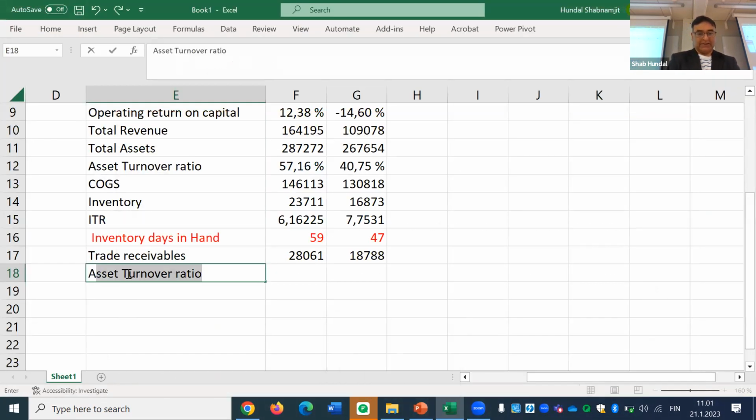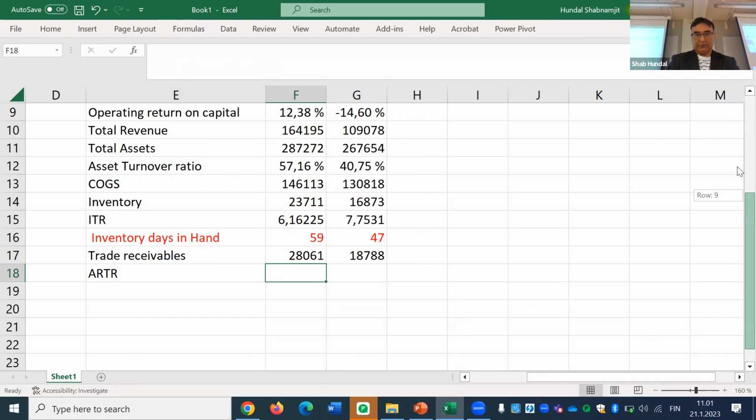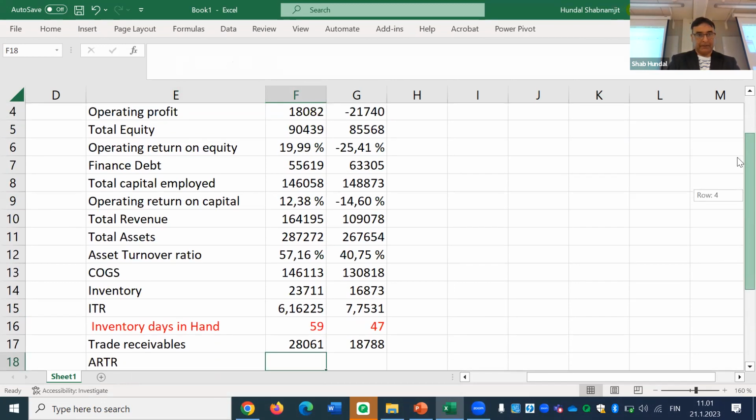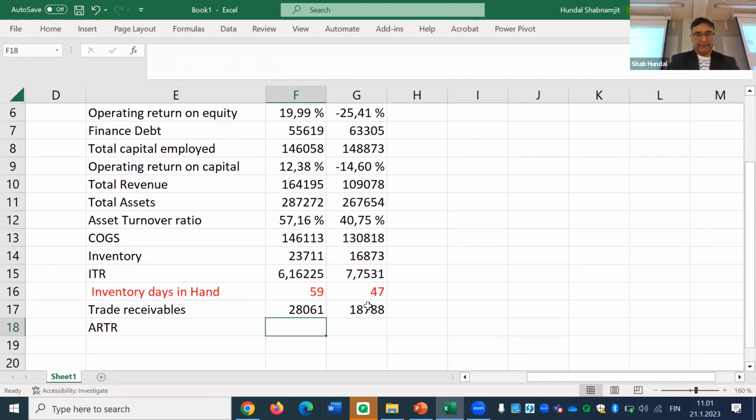This is the sales revenue, which is here, and we divide by receivables.